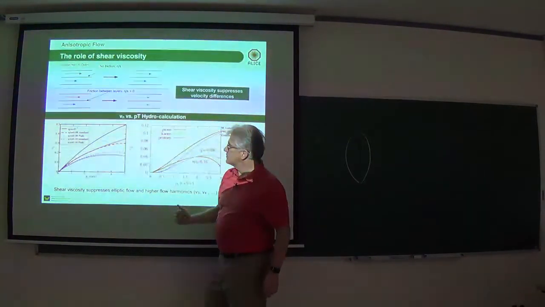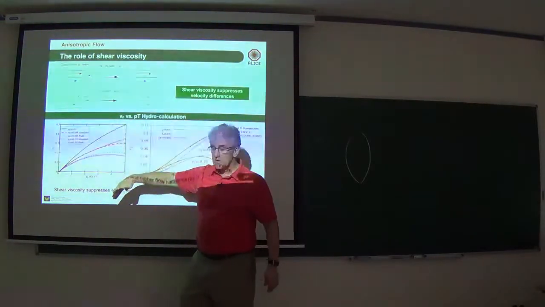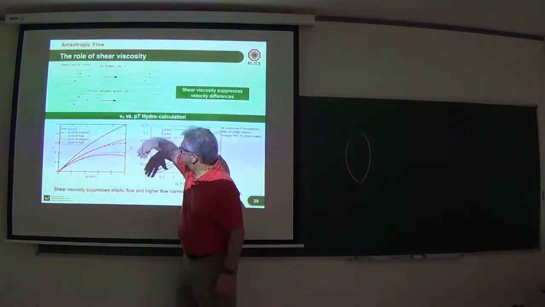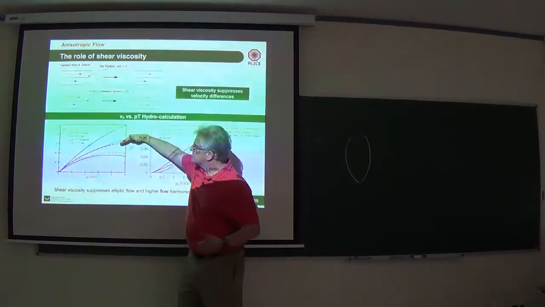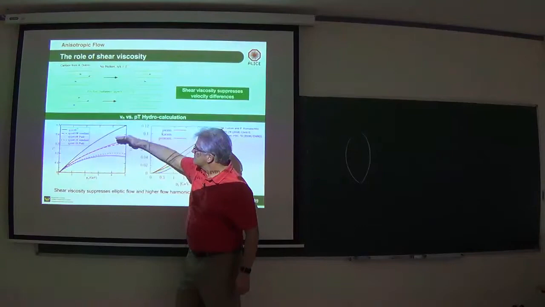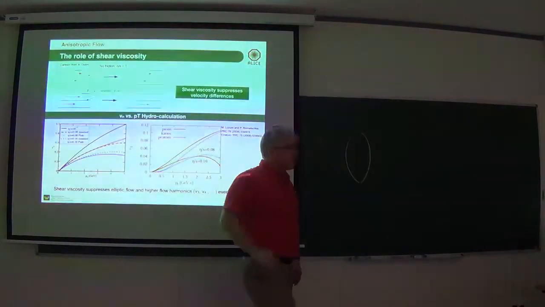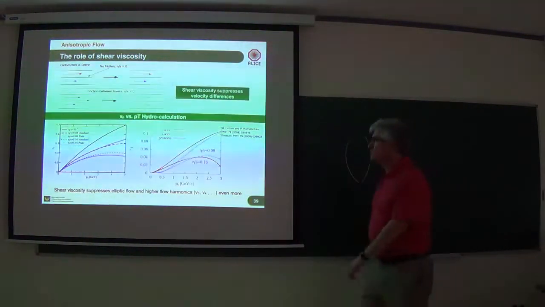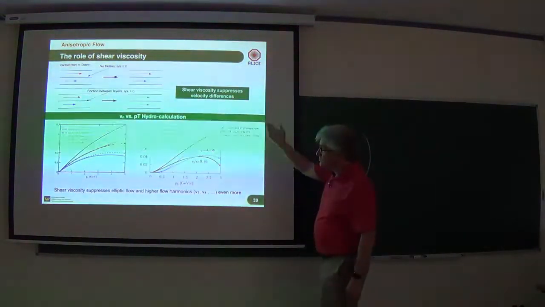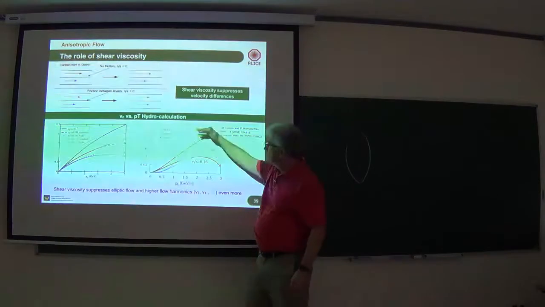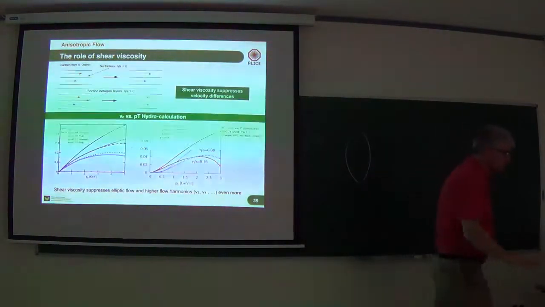This is a calculation with different values of viscosity: essentially no viscosity, some 0.08 in some units, and a lot of viscosity. You can see that the presence of viscosity can very much affect the magnitude of v2. And this was done also for species, but that's technical details that we can skip through.